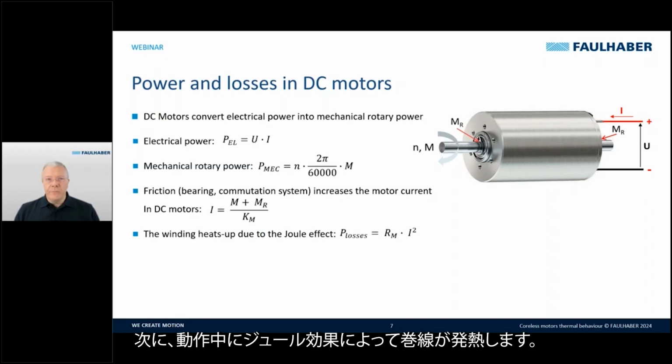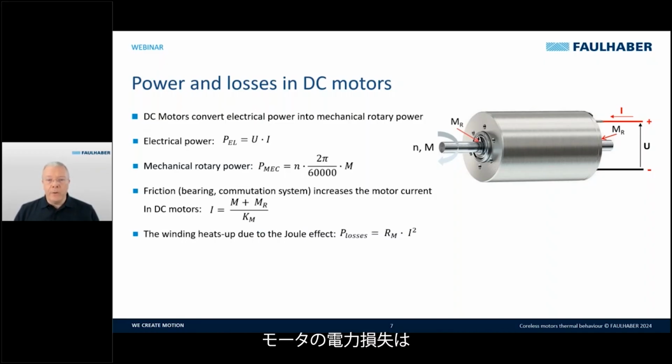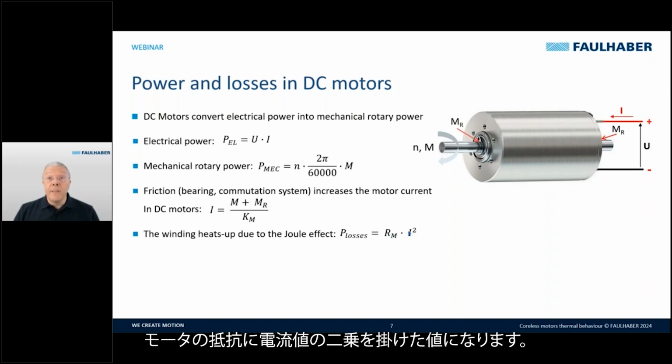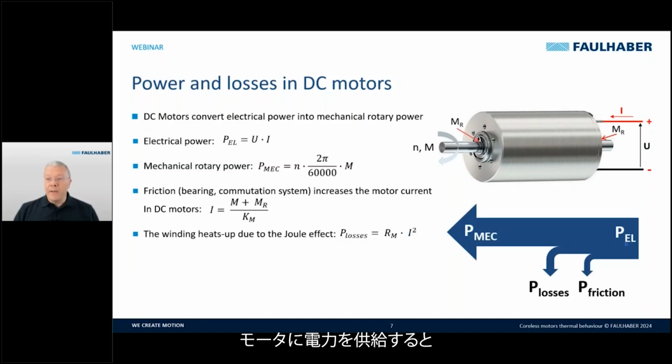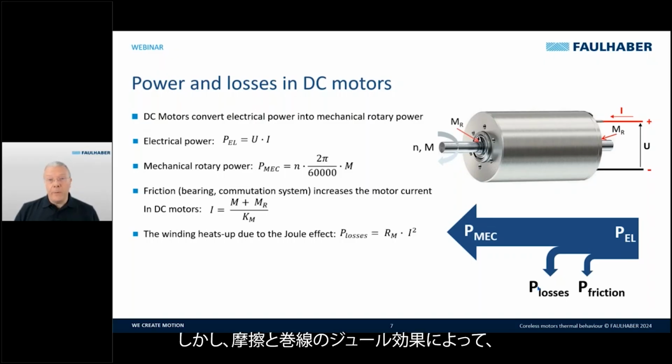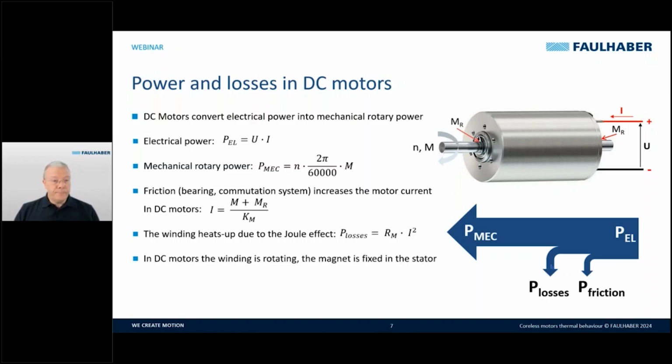Then during operation, the winding heats up due to the Joule effect, and the power losses are simply the motor resistance times the square of the motor current. So we have electrical power delivered to the motor, and the motor delivers mechanical power, but we have power losses due to the friction and due to the Joule effect in the winding.